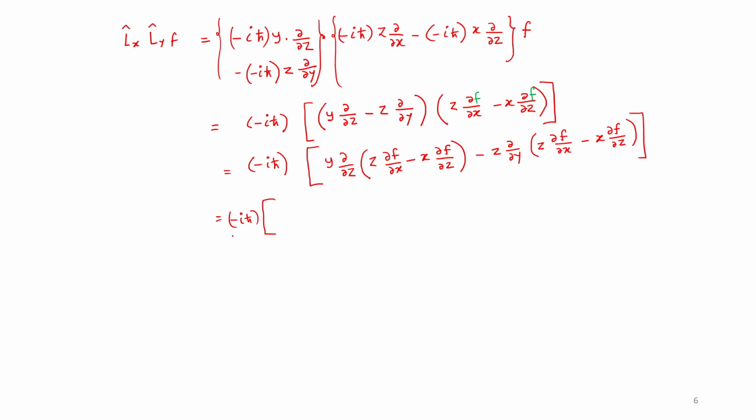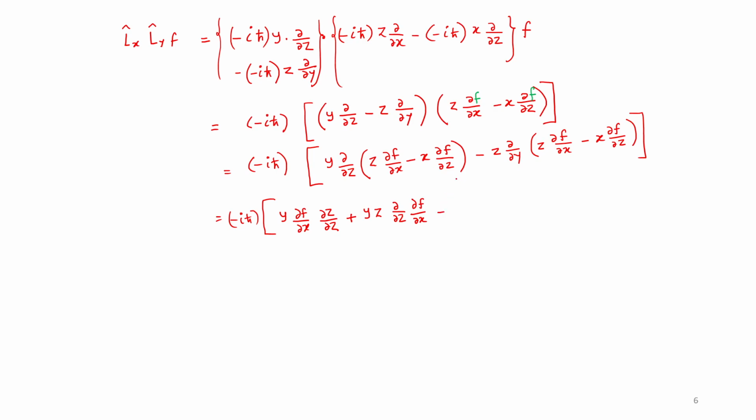So it is something like y, so first it will work on z and ∂f/∂x will remain constant, and ∂z/∂z is 1. I'll just write it once so that everyone can follow, and the next will be plus y z ∂/∂z of ∂f/∂x.